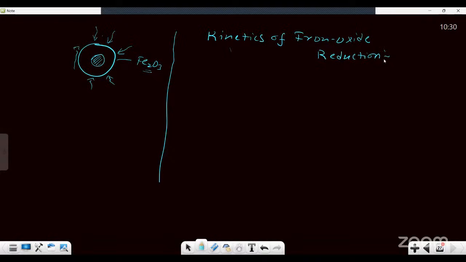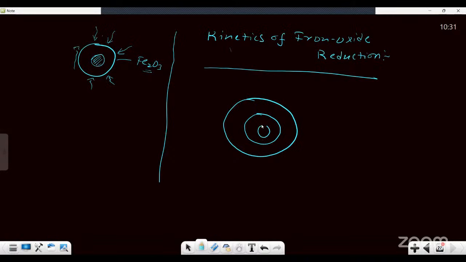I can give you one example from here, if you try to understand the kinetics of the iron oxide reduction. You see, here the Fe2O3 is at the core. This is Fe2O3, this is Fe3O4.